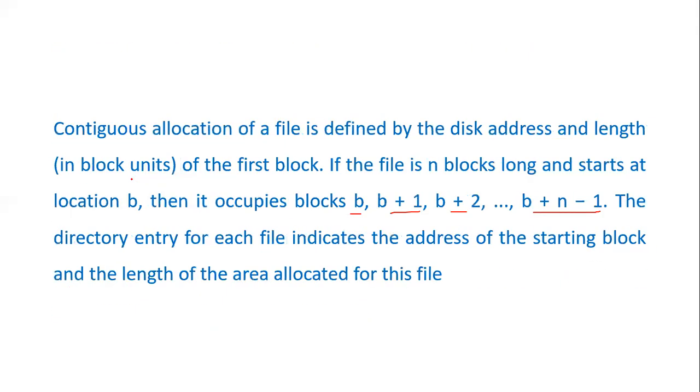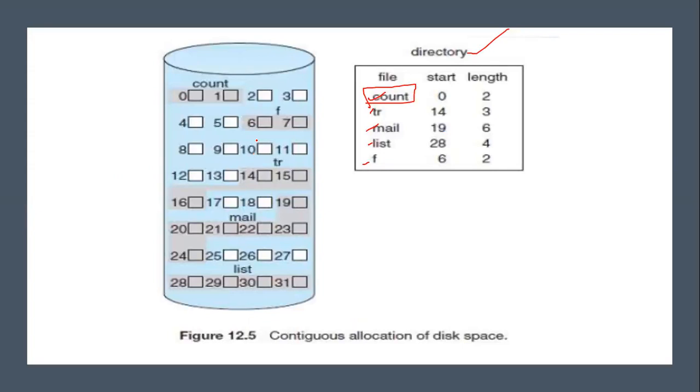So here we have a disk space with 31 blocks. Initially the file count is stored; it occupies 2 blocks, whether you consider bytes or KB. The start block is 0 and the length is 2, which means blocks 0 and 1. So the count file takes 0 and 1, totally 2 blocks. The 2 must be continuous.